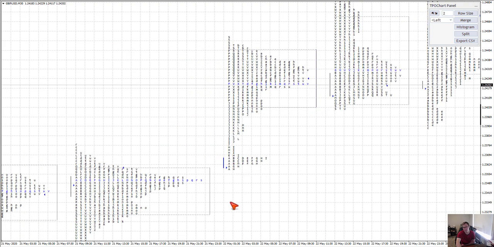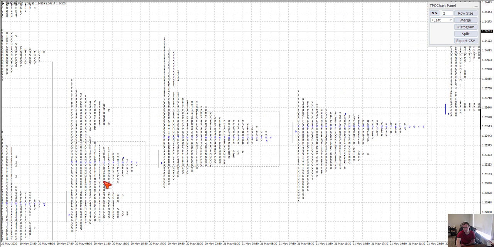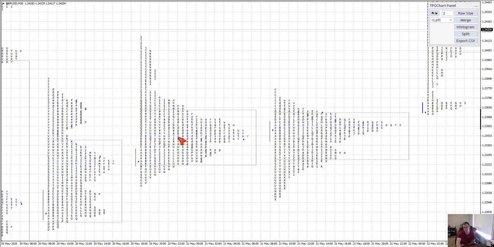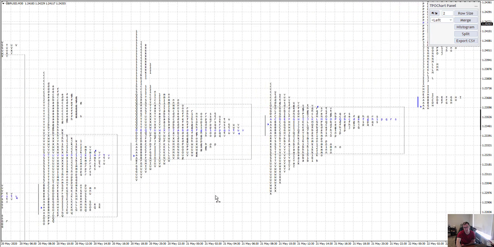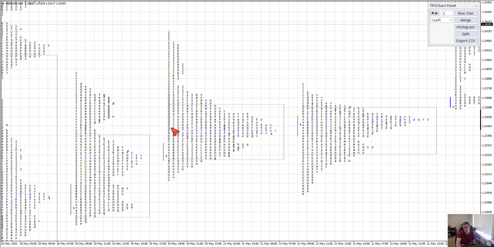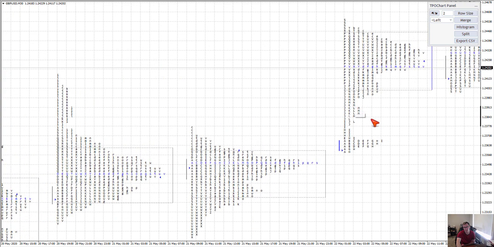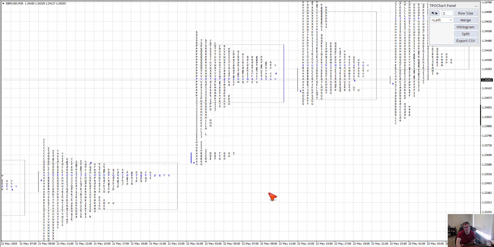And that's all because the market was happy to trade in this particular area. I wouldn't really count that day as much of a balanced area. But look, 1, 2, 3 days in the past, it's relatively balanced. There's not much opportunity in these 3 days. But as soon as the market broke out, notice the market broke out on increasing volume, right?